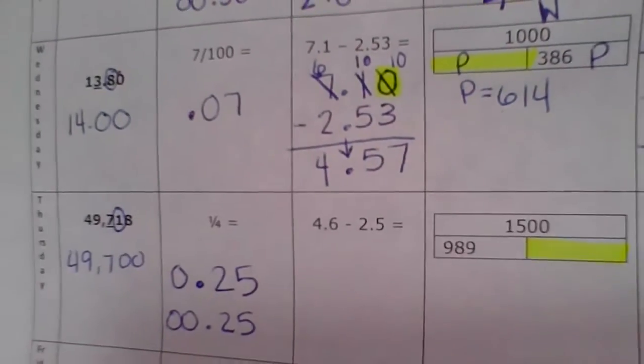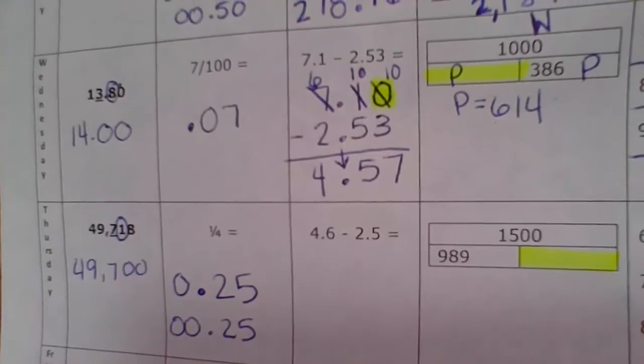Okay, next column, decimals. For this question, they are wanting you to subtract 4 6/10 minus 2 5/10. Now, we know as 4th graders, we always put the bigger number on top when we're subtracting.